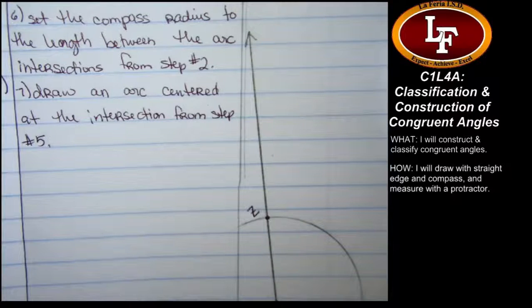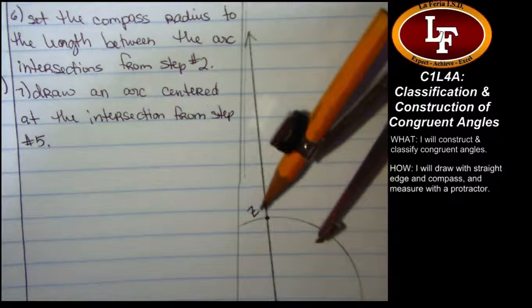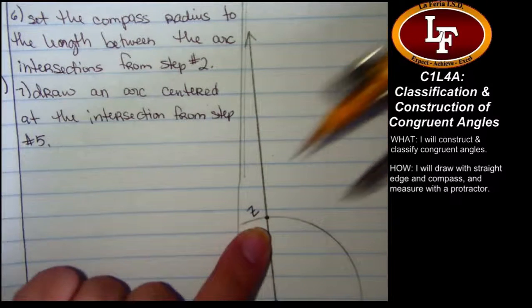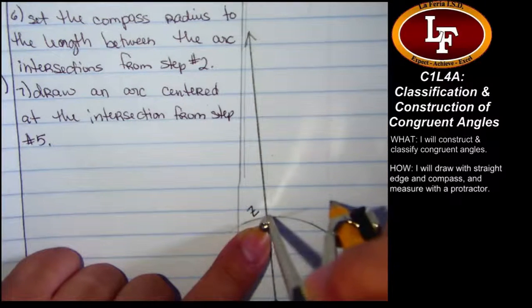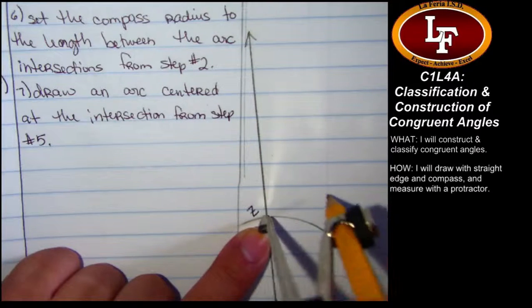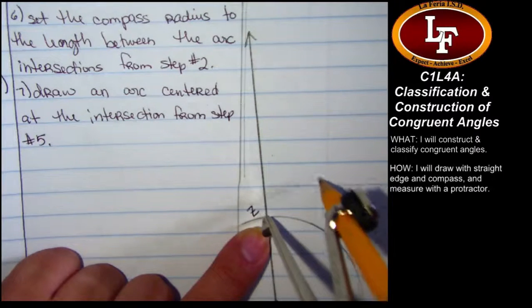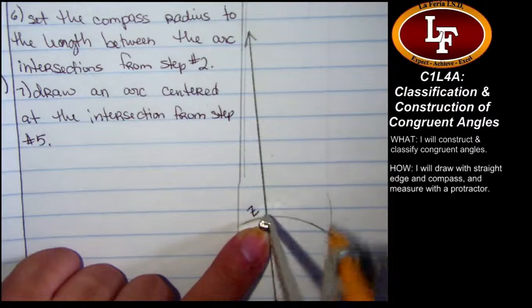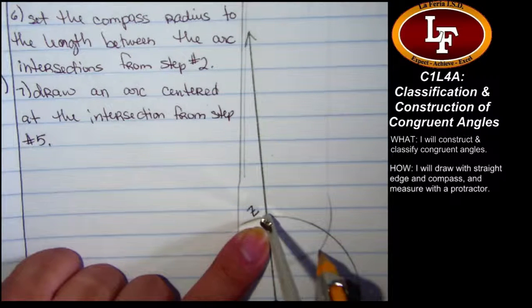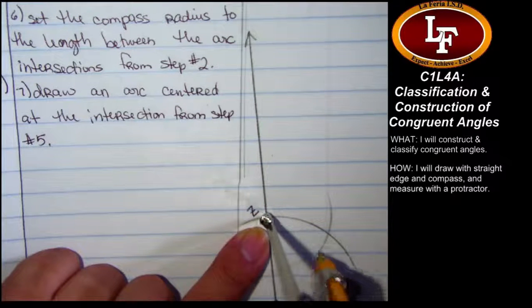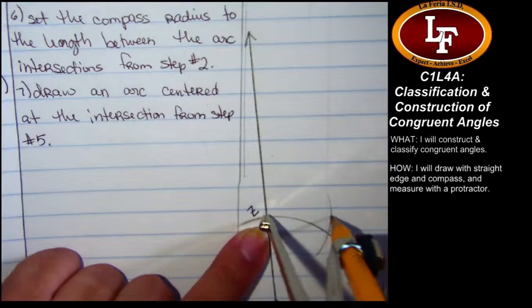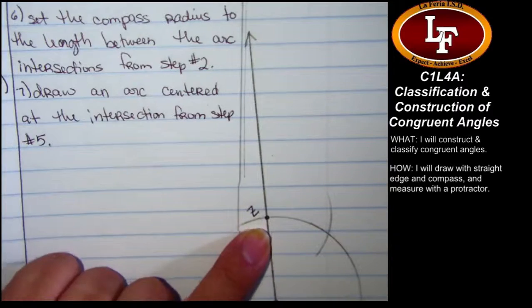You're going to use the compass radius that you just set. So here's the radius I just set. There's that intersection from step 5. I'm going to put my needle on that to be the center of my arc, and I'm going to draw an arc. The only thing that I care about is its intersection with the arc we already drew. So I really don't care how big this arc is as long as I see that intersection.